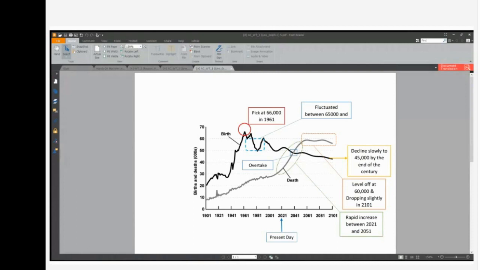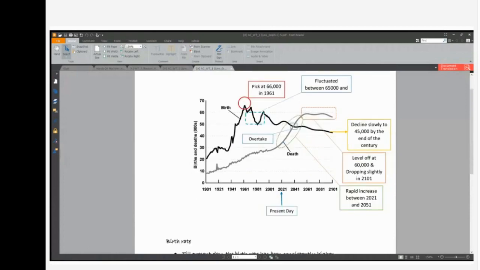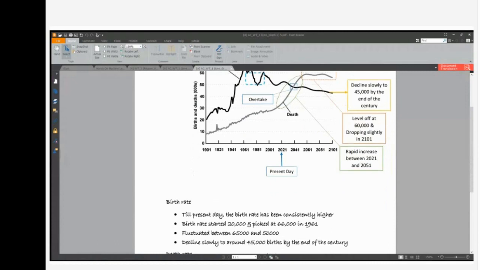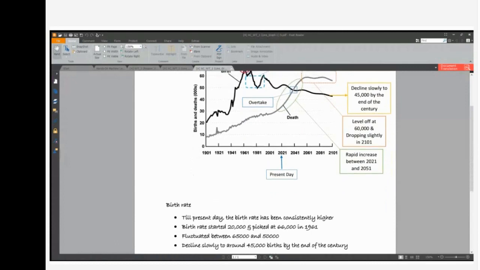Now we need to plan every bit and piece that is going to be written in this particular Writing Task 1. So let's discuss the birth rate first. So far, what we have found in the case of birth rates is that till the present day, which is somewhere here in 2021, the birth rate has been consistently higher.